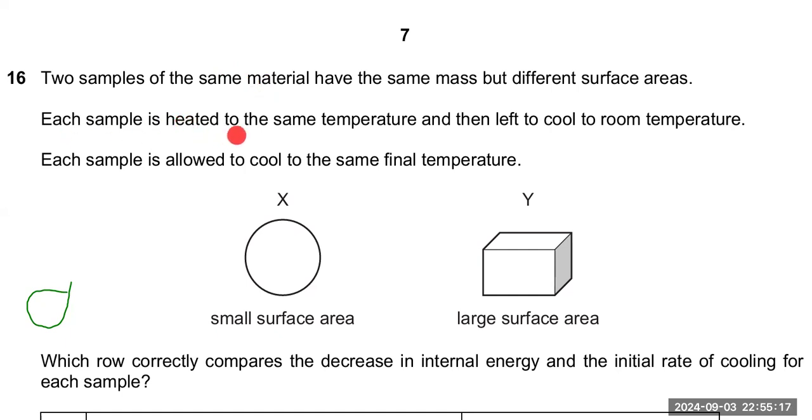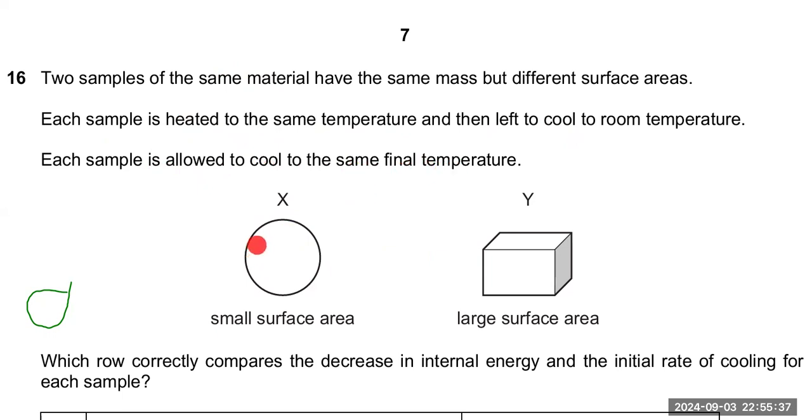Each sample is heated to the same temperature and then left to cool to room temperature. They supply the same temperature and then place them in the room so that their temperature can be reduced. Each sample is allowed to cool to the same final temperature.